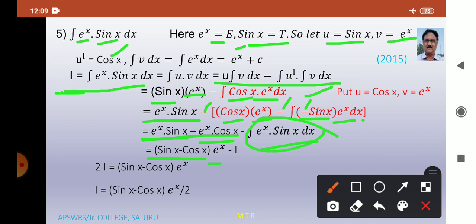This is our problem I, so put that as minus I. Bring that minus I to the left side, that is 2I is equal to sin x minus cos x into e power x. Dividing both sides by 2, I is equal to sin x minus cos x into e power x by 2. Okay.